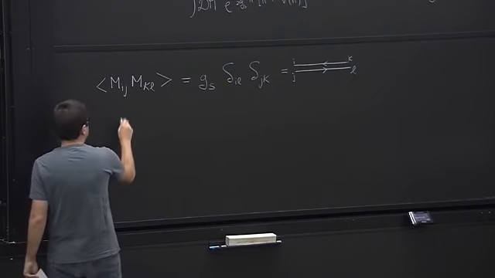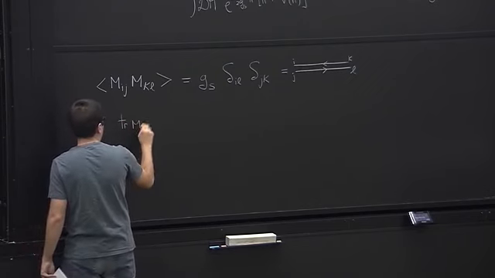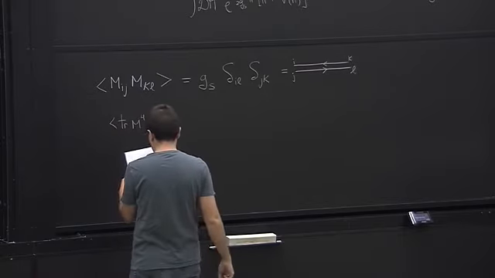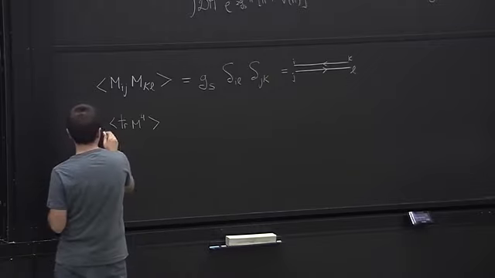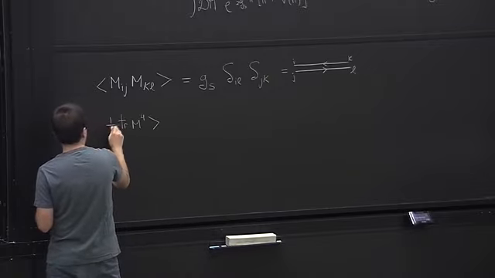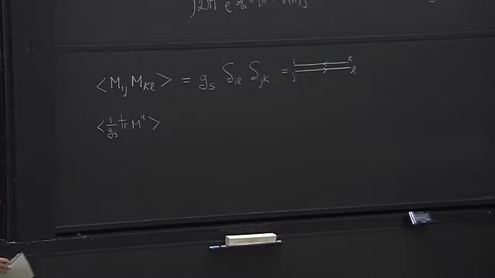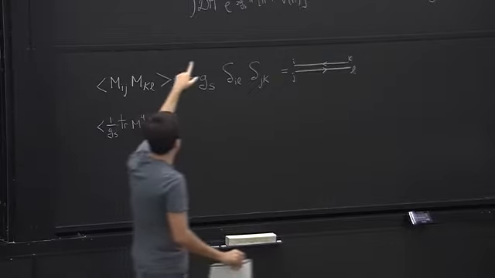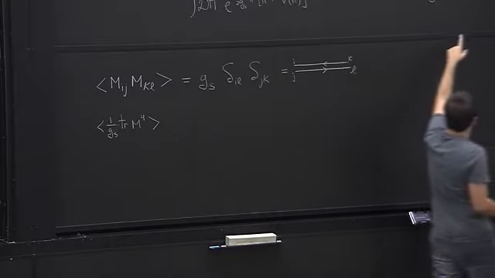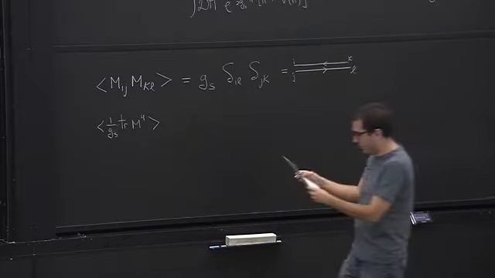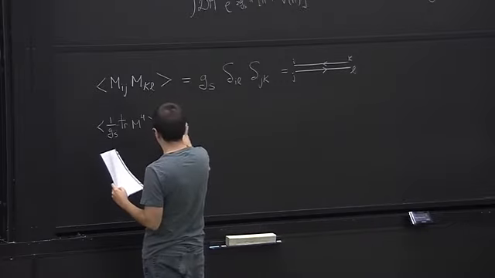So for example, trace of M to the 4, let's compute this expectation value. Or let's compute the expectation value of 1 over g string trace M to the 4. I'm normalizing with 1 over g string because in the action I normalize the vertices to come with 1 over g string times trace of M to the 4. This would be what naturally would appear if you would bring down one vertex, for example, in computing some free energy.